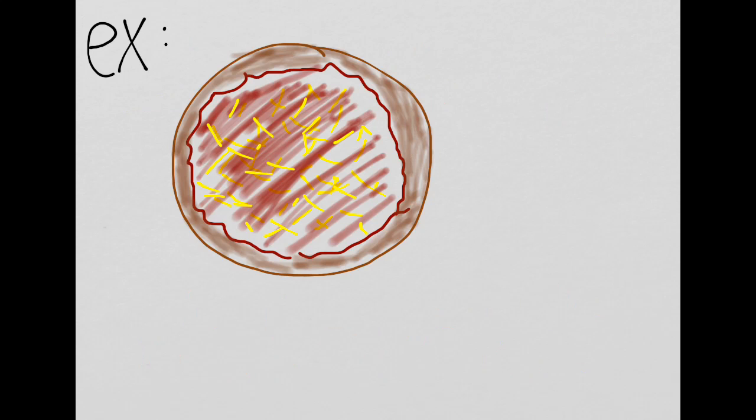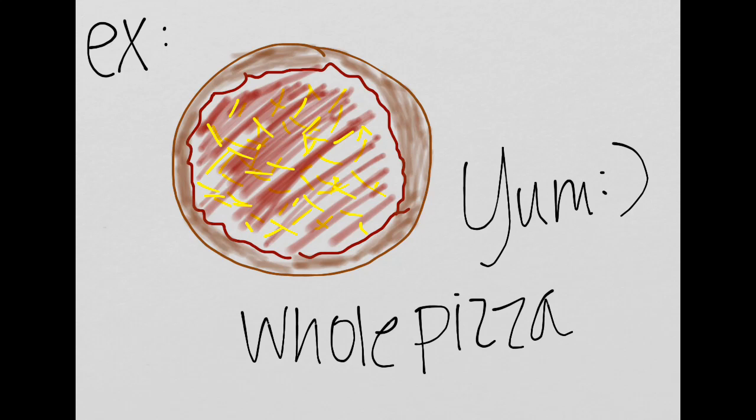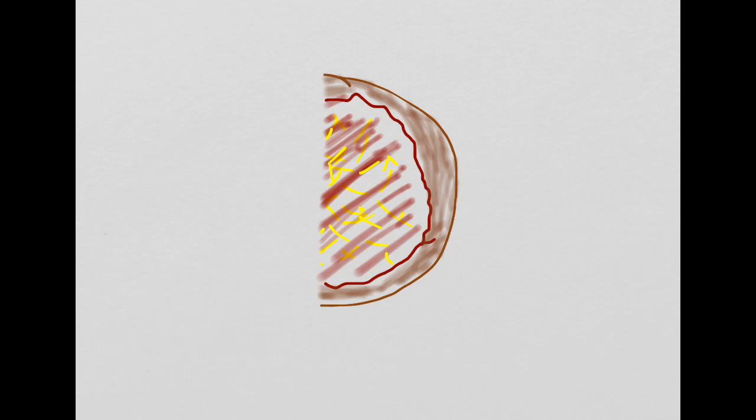So we'll be looking at a pizza, or a pie, or whatever you want to call it, some circular form. And basically, this is the whole pizza, right here. All pizza. Yeah. But let's say you have a friend who loves pizza a bit too much and eats off this whole part of your pizza, which is now gone.